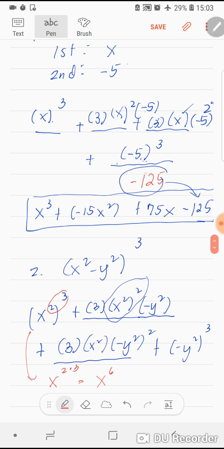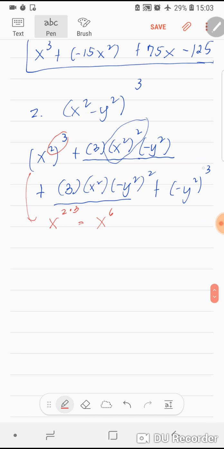And the same thing here, 3 times 2, so we would be getting negative y to the power of 6. If you have problems with the negative sign, negative 1 to the power of 3 would always be negative 1.